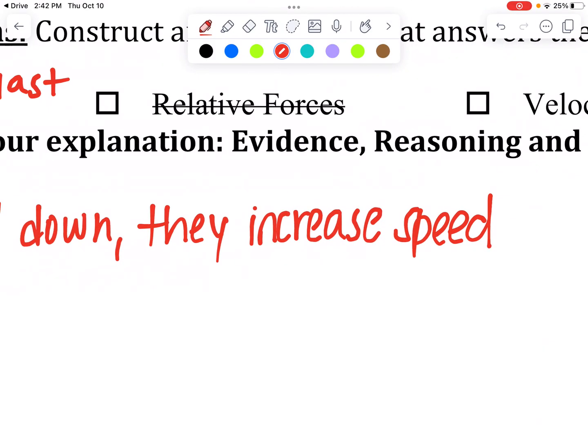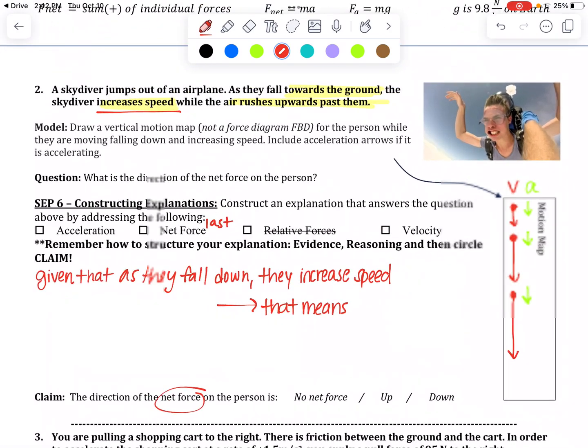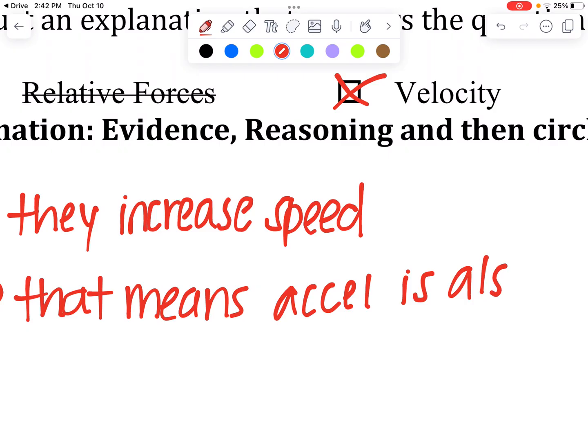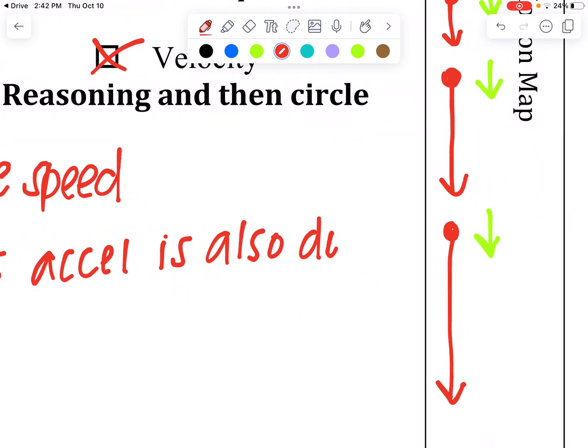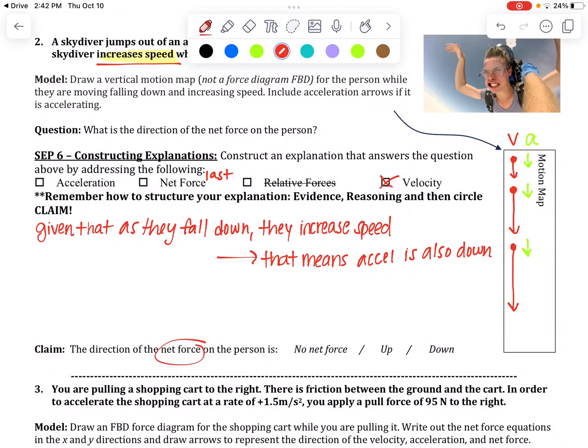Okay, so now I need to add some reasoning. I've talked about velocity, so now I need to talk about acceleration since net force goes last. So that means acceleration is also down. Remember, if velocity and acceleration point the same direction, the object will speed up.